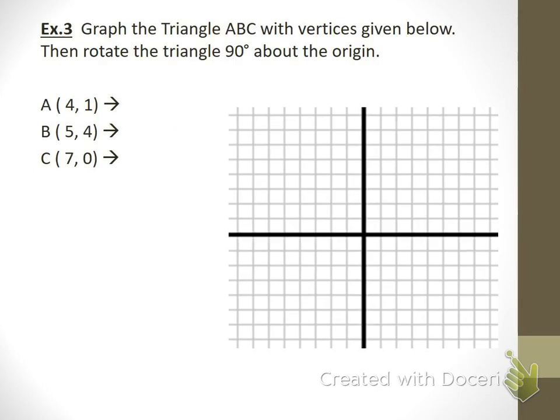All right, graph the triangle ABC with the vertices given. Rotate it 90 degrees. Again, this is assuming counterclockwise about the origin. So what was our rule for 90 degrees counterclockwise? (a, b) went where? (negative b, a). Good.